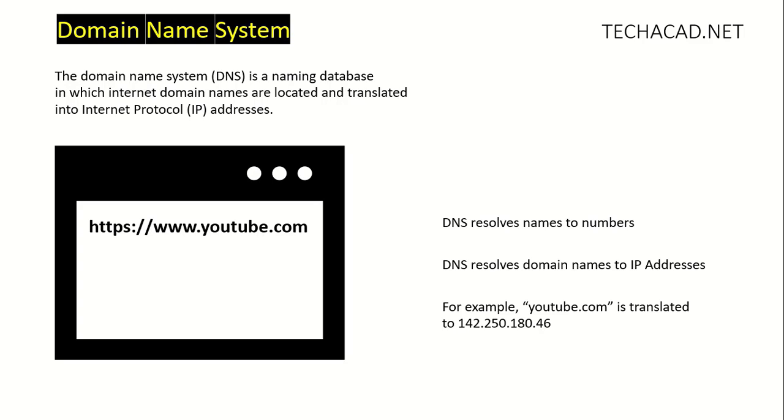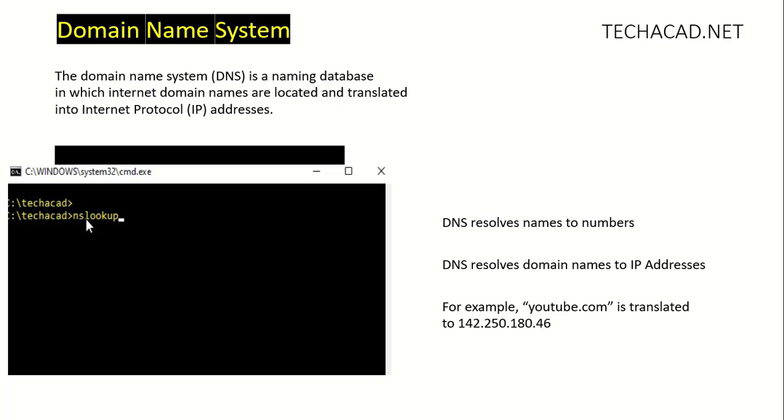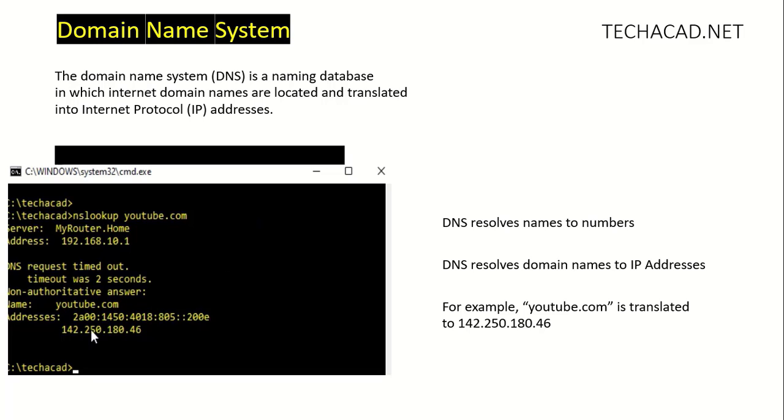142.250.180.46. You can check this by using a utility called nslookup in Windows. You can type in nslookup in the CMD prompt followed by the domain name, which is youtube.com in this case, and hit enter. It will go to your home router or your ISP and it will return the IP address associated with the domain name.